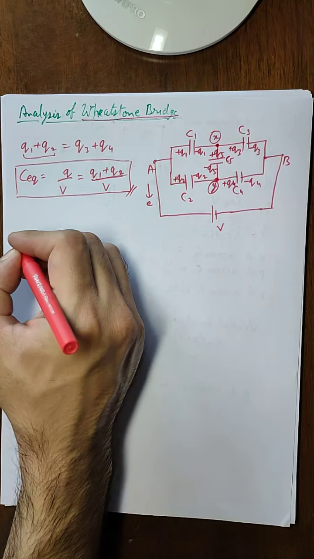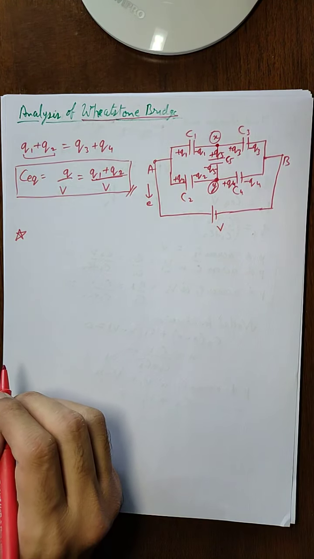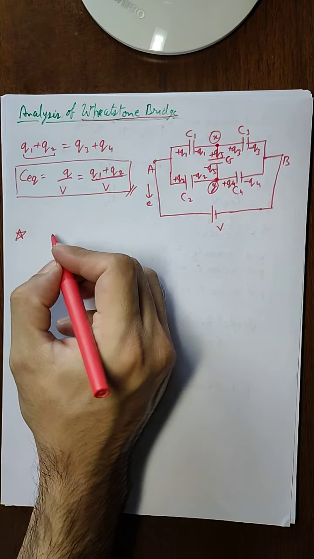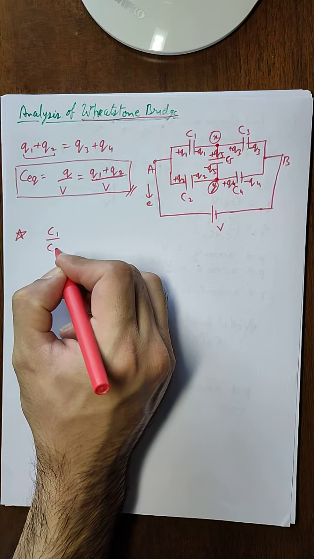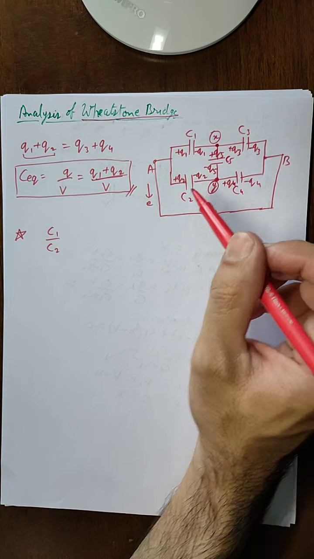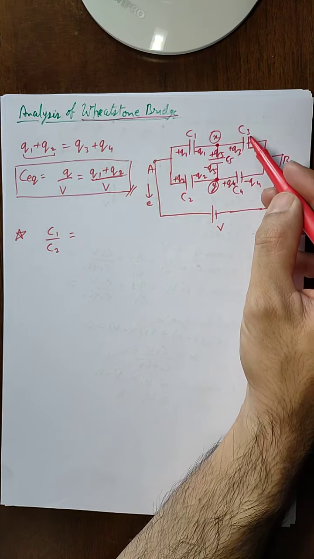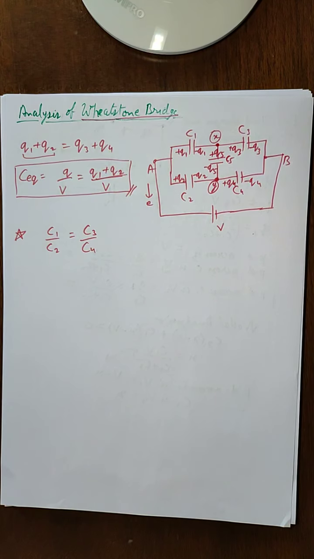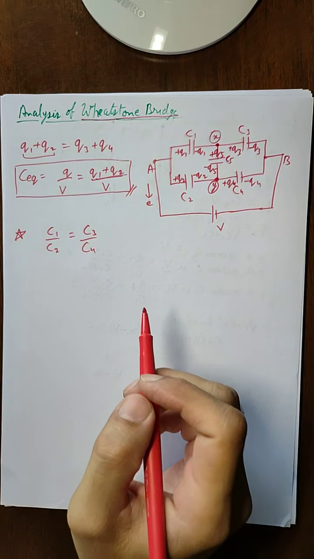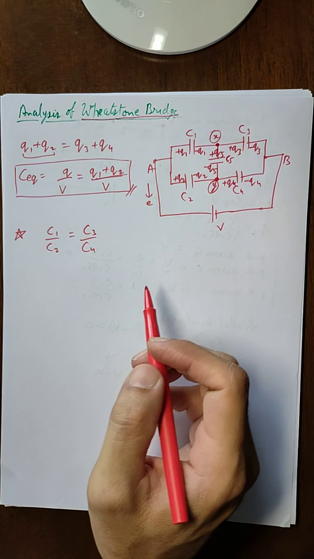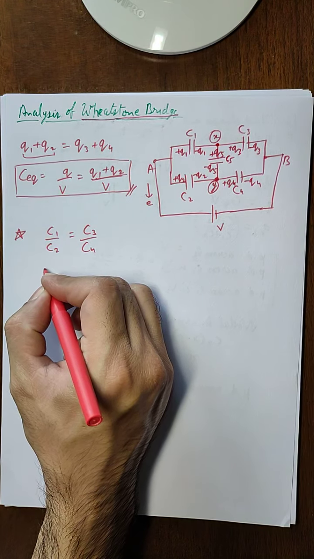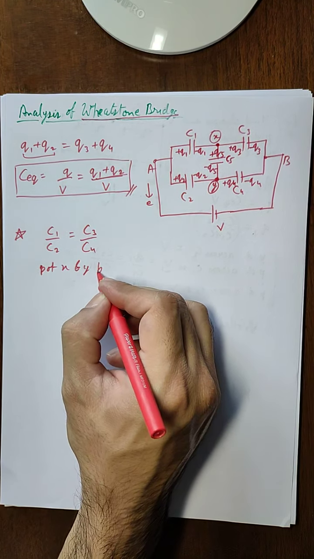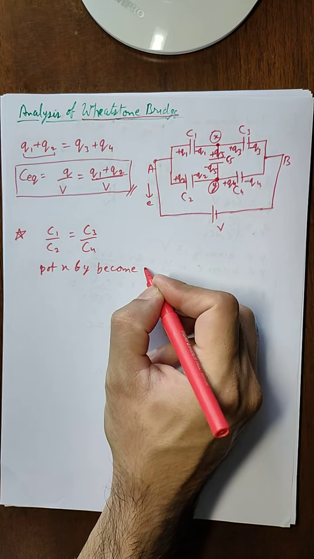Now there is an important point about the Wheatstone bridge, that sometimes there is a special case that happens when the ratio of C1 and C2 becomes equal to the ratio of C3 and C4. Sometimes this condition can arise in the Wheatstone bridge. Now in this condition, potentials X and Y become equal.